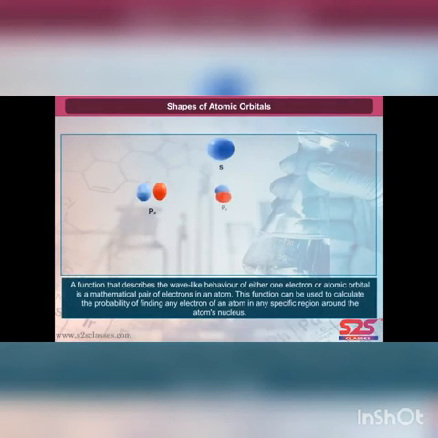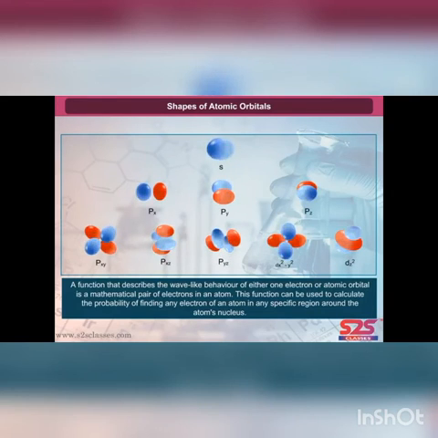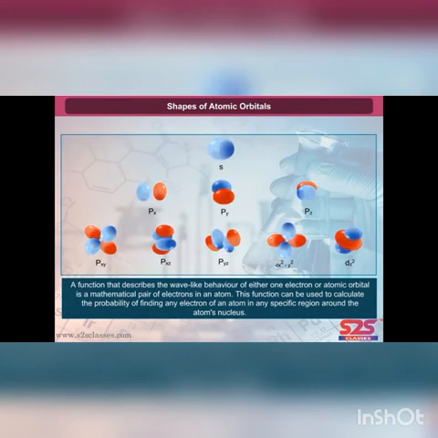Shapes of atomic orbitals. A mathematical function that describes the wave-like behavior of either one electron or a pair of electrons in an atom is an atomic orbital. This function can be used to calculate the probability of finding any electron of an atom in any specific region around the atom's nucleus.